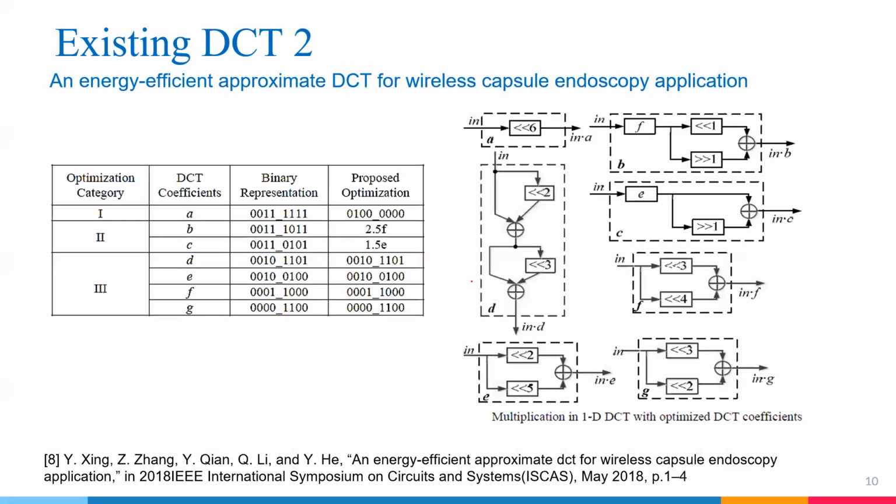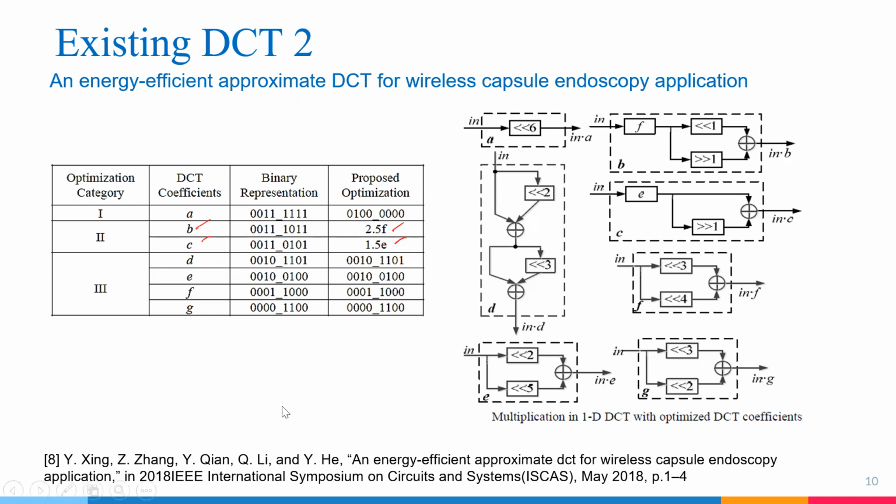The other existing work is an energy efficient approximate DCT for wireless capsule endoscopy application, published in 2018. They represented the A, B, and C values in terms of F and E, and designed their hardware this way.